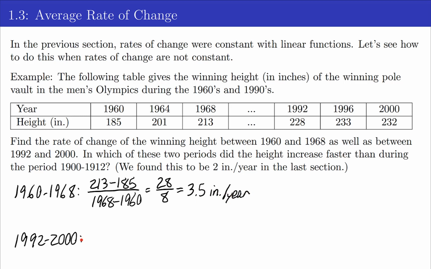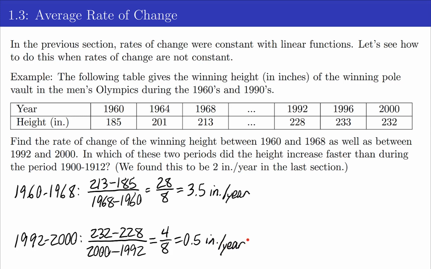Now for 1992 to 2000, we'll do something similar. We'll say 232 minus 228 over 2000 minus 1992. This time we get 4 over 8, which is 0.5 inches per year. Not the best change, but still, it's going up.